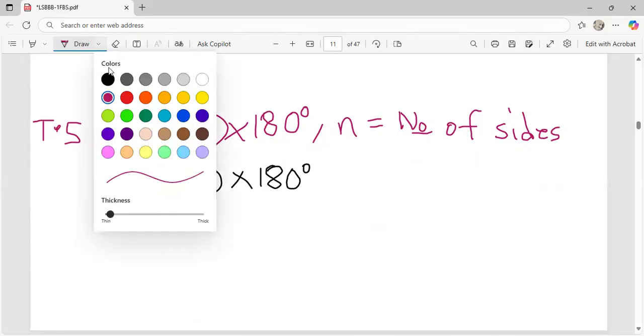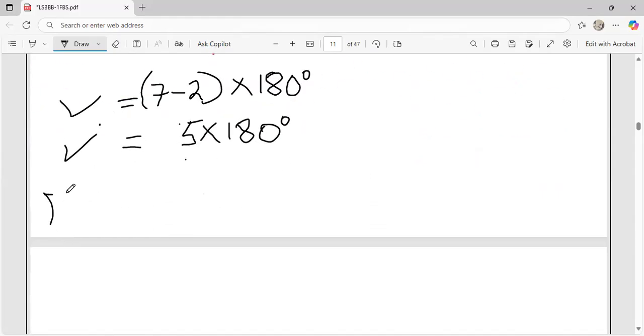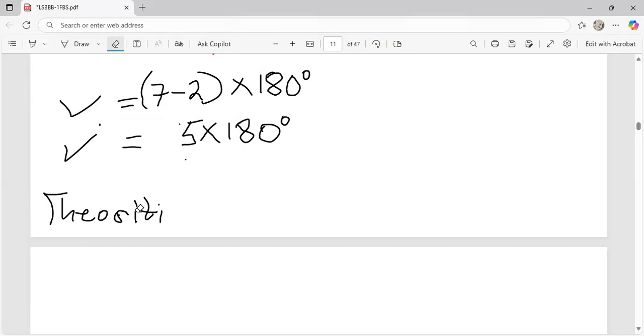From here we get 5 times 180 degrees, which is going to give us our theoretical sum.